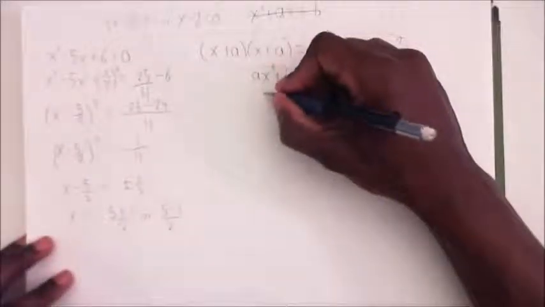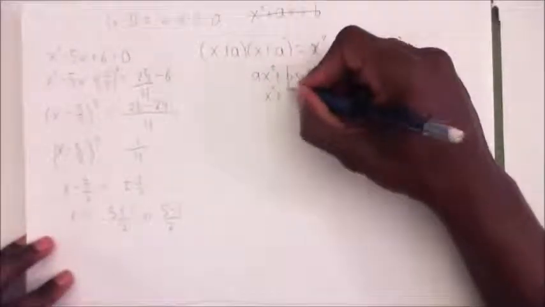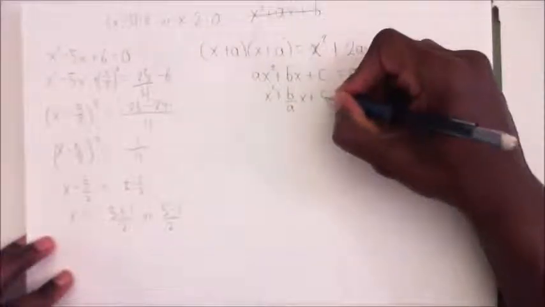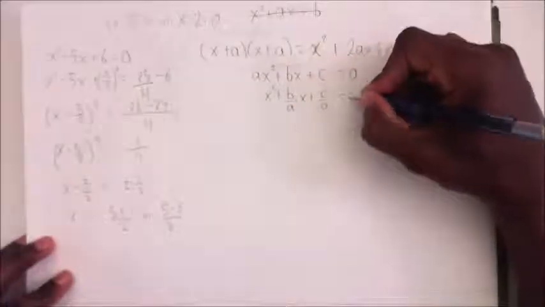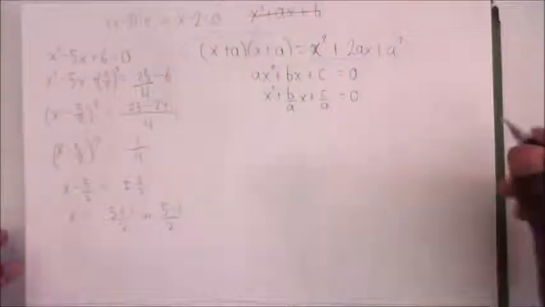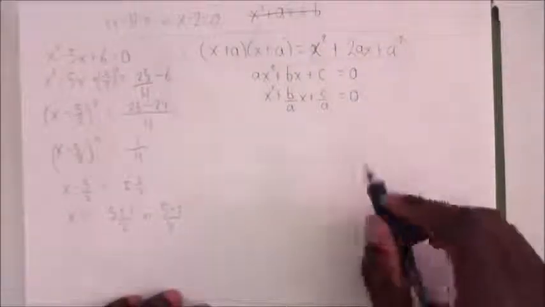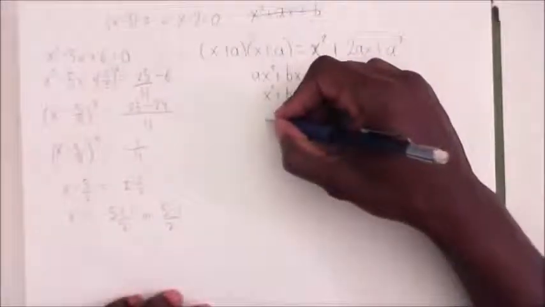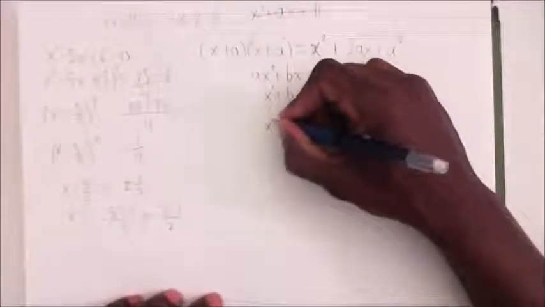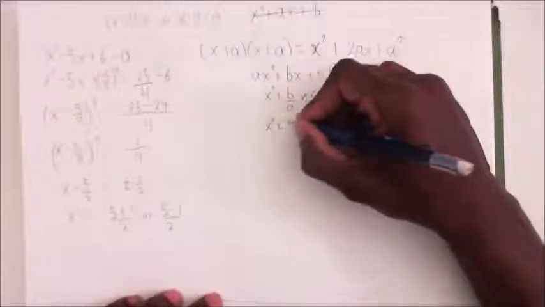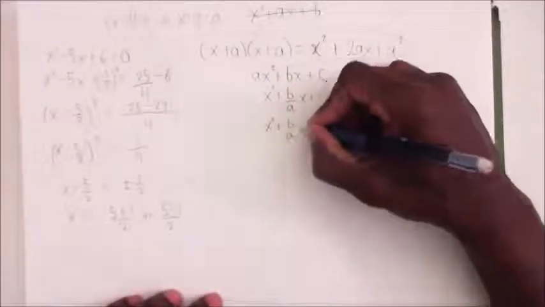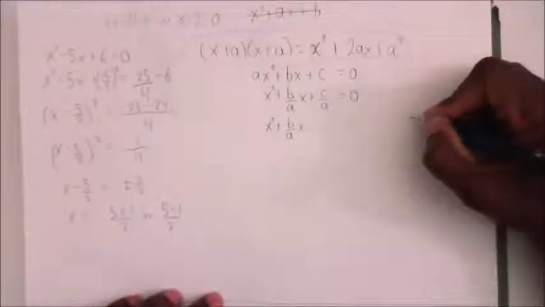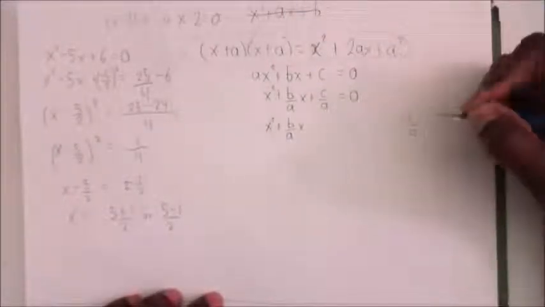So it's going to say x squared plus b over a x plus c over a equals 0. Again, now I'm going to put this over to the other side of the equation. So it's going to imply that x squared plus b over a x is equal to minus c over a.